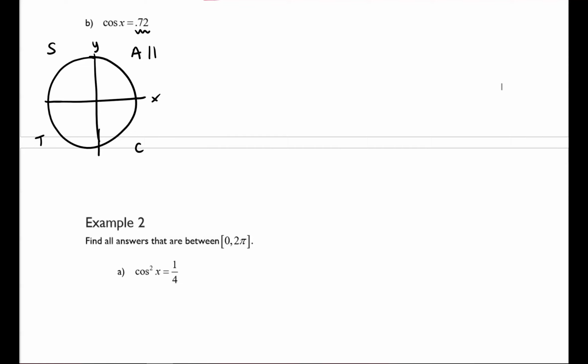So all of them are positive in quadrant 1, sine is positive in quadrant 2, tangent is positive in quadrant 3, and cosine is positive in quadrant 4.